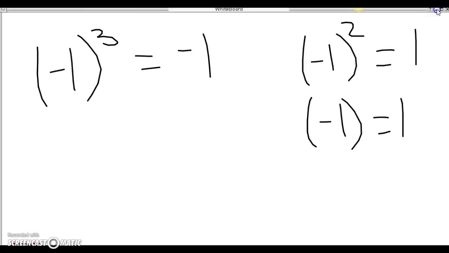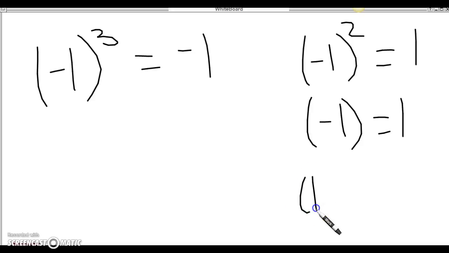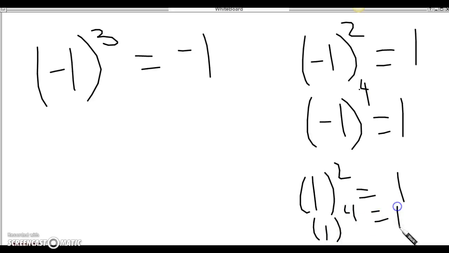This is what they're referring to: for odd values, I'm only going to get one real root, but for even, it can be positive or negative, because 1 squared is also 1, and 1 to the fourth is also 1.